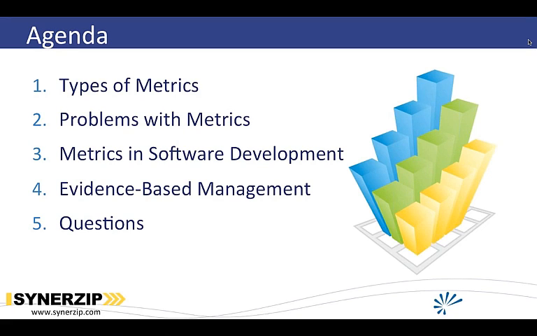And we're going to talk about metrics in general at first. Touch on software a little bit, but these are problems that happen with metrics in general. So we'll tie it back to software development, why we need them, why it might be different in software development than a lot of other organizations. And finally, I want to tie it back to this concept of evidence-based management. This comes from the medical industry with evidence-based medicine.